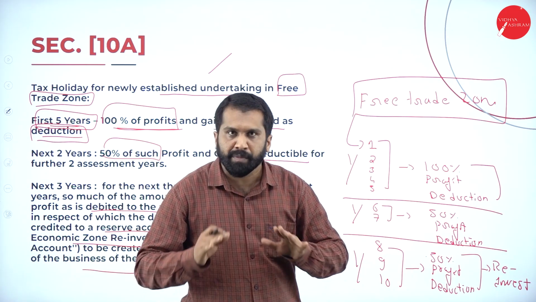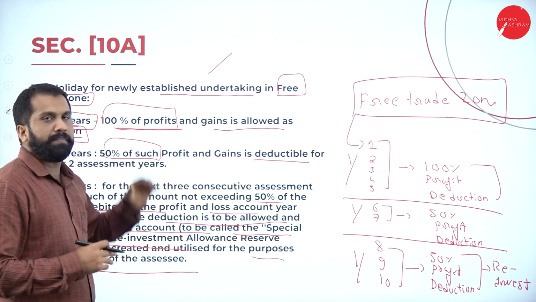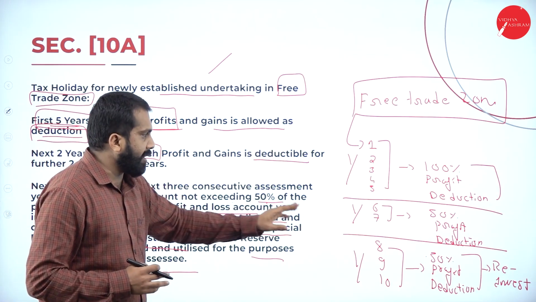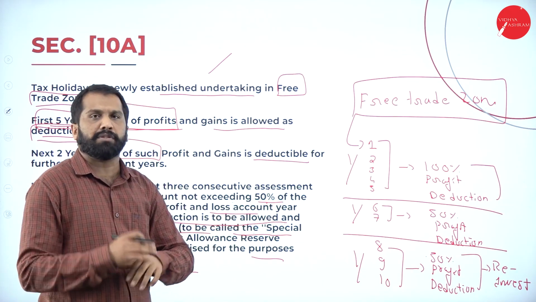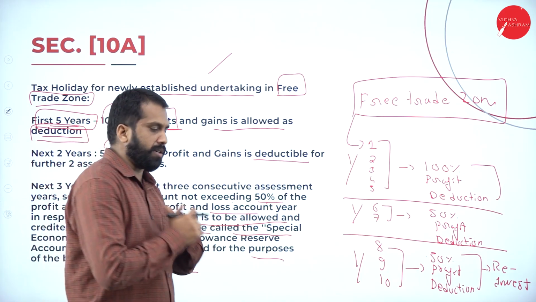Hope you are clear. Yes, this is all about your section 10A. So like this you are supposed to remember. Please write on this chart, because instead of reading the whole sentence, this chart will give you complete picture of your question. Hope you are clear. Good.